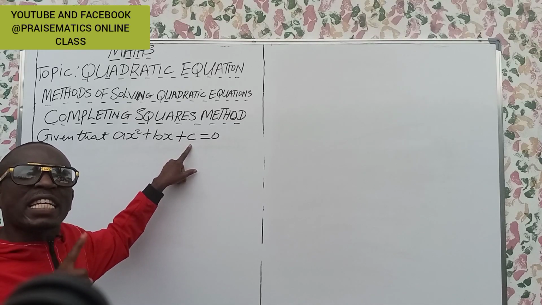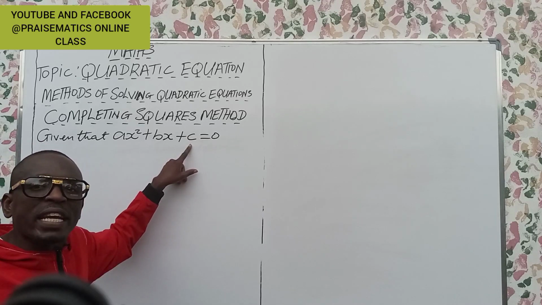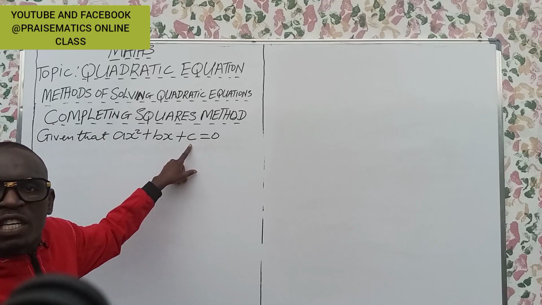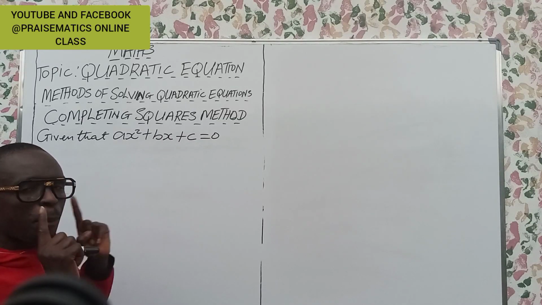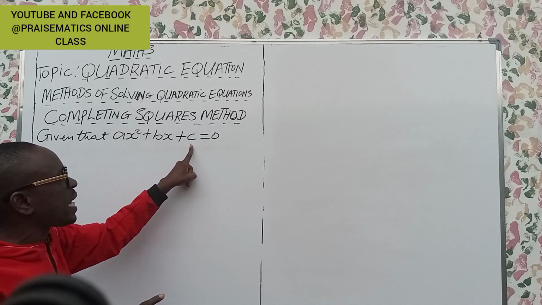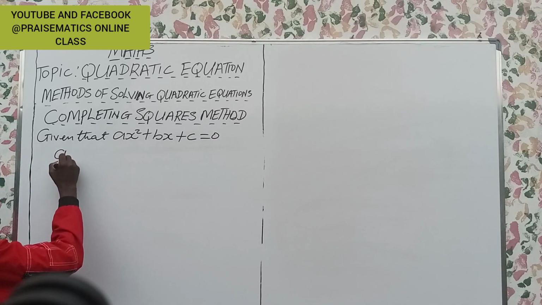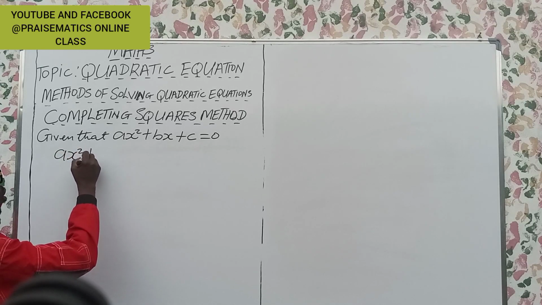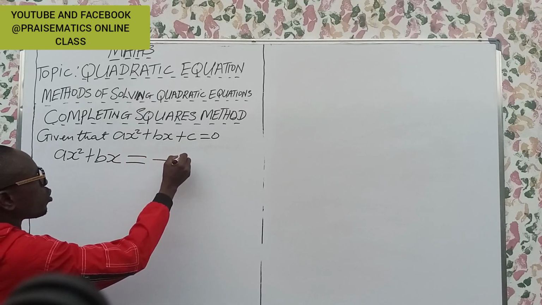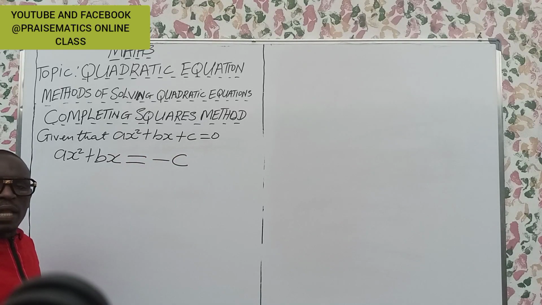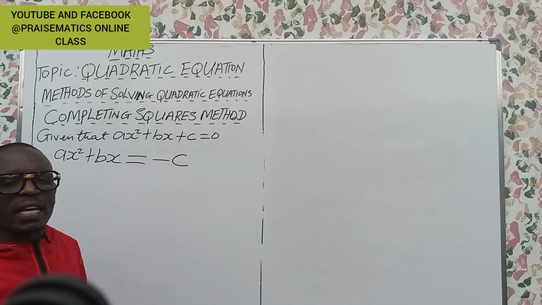Always remember that when a negative number crosses the sign of equality, it will turn to positive, and when a positive number crosses the sign of equality, it will turn to negative. So step 1 now is to shift the constant to the right hand side of the equation. That is ax squared plus bx is equal to minus c. That is the first step. Shift the constant to the right hand side.